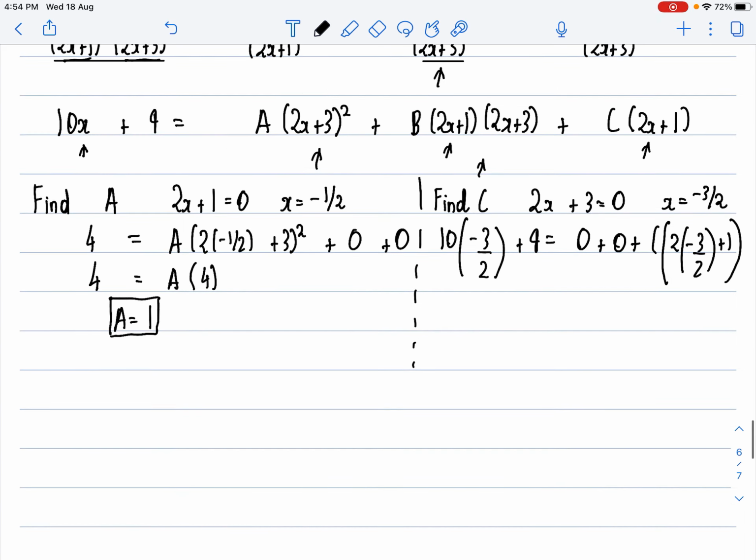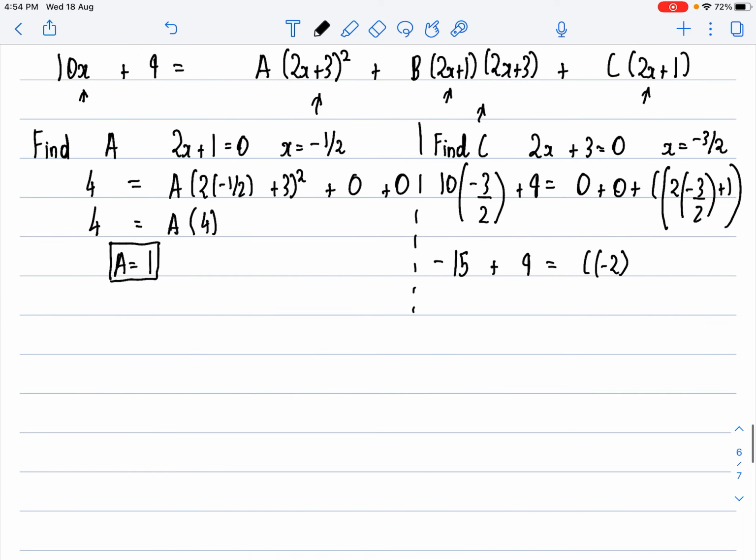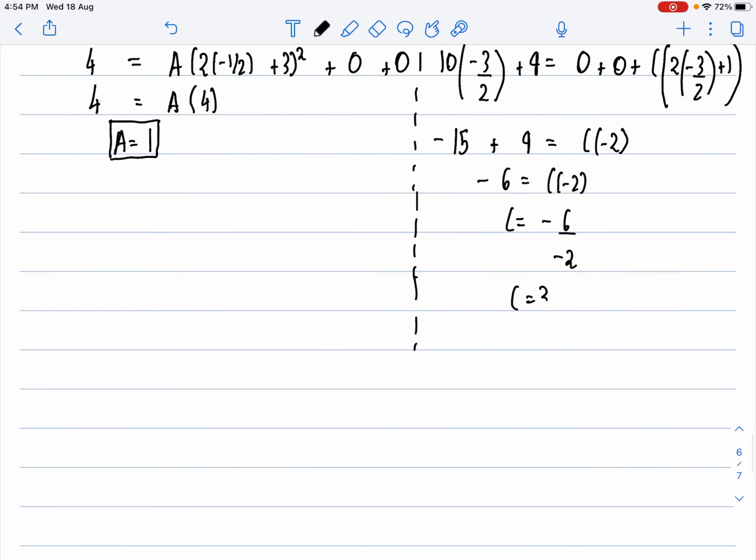So now I simply get minus 15 plus 9, which is equal to c into minus 2, correct? Now I get minus 6, which is equal to c into minus 2. So I get my c as minus 6 over minus 2, which gives me my c as 3. So this is the value for C.